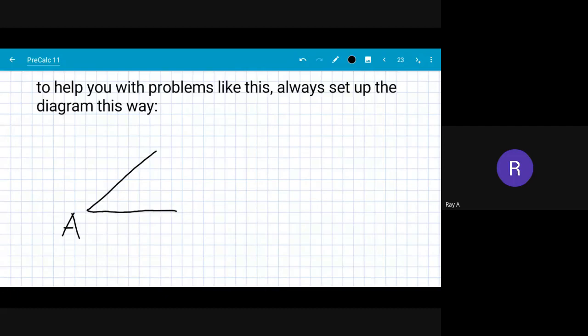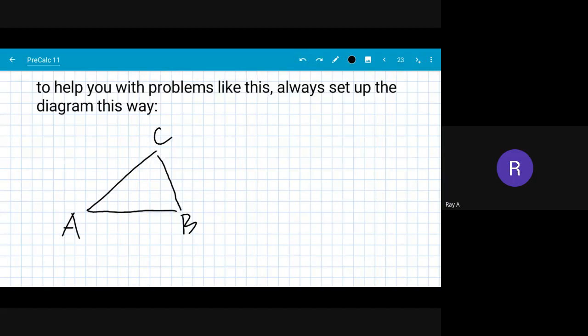So what does it mean? For example, if I'm going to complete the triangle, I have this, C. Angle A is down here, angle B is down here, angle C is up here.